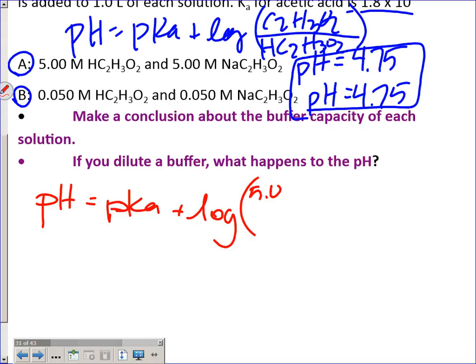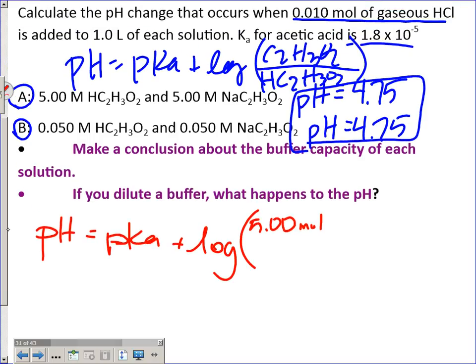5 molar, okay. When I add a strong acid, 0.01, who is it reacting with? The conjugate base or the weak acid? Okay, so what's going to happen to the moles of conjugate base? Right, it's going to cancel or subtract 0.01 moles of the conjugate base.